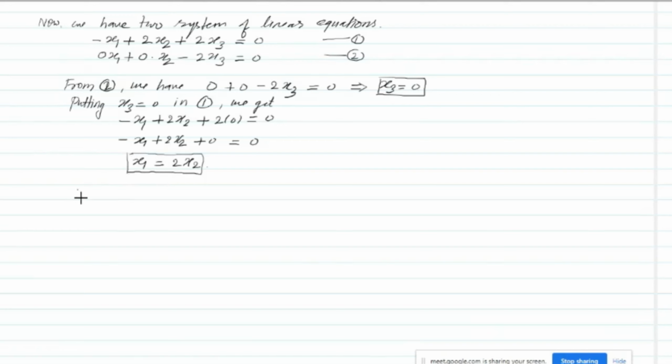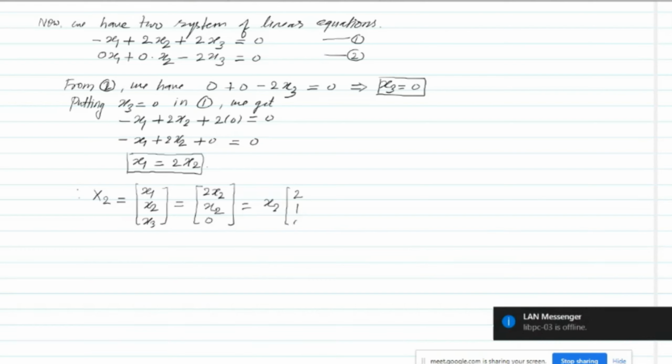So therefore the vector x1, x2, x3 is equal to 2 times x2, x2, and x3 we obtained 0. Taking x2 outside, this becomes x2 times (2, 1, 0).